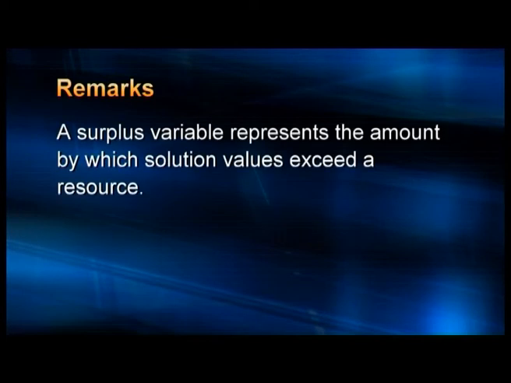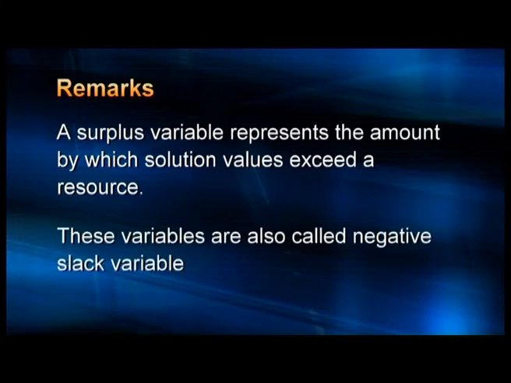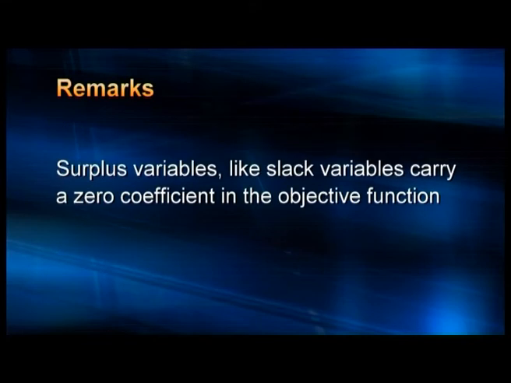A surplus variable represents the amount by which solution values exceed a resource. These variables are also called negative slack variables. Surplus variables, like slack variables, carry a zero coefficient in the objective function.